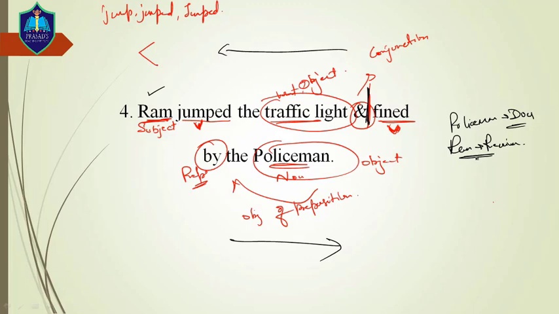So we have to make a slight difference or correct it over here. So what do we have to do? We have to make the statement passive after the conjunction. How do we make a statement passive? As we discussed, to know whether the statement is passive, it should be in B plus V3.